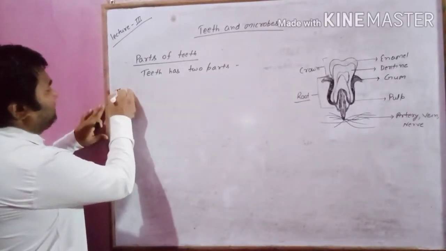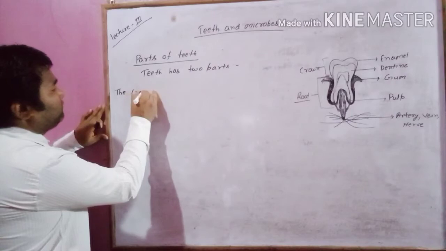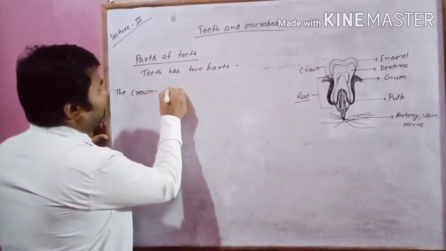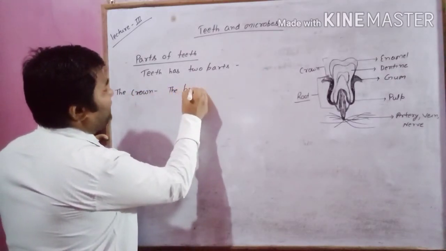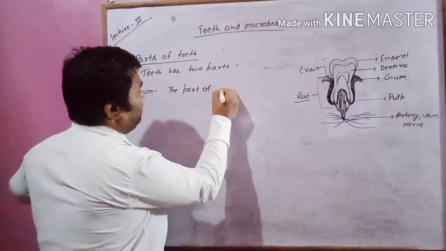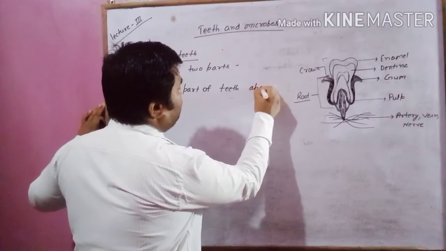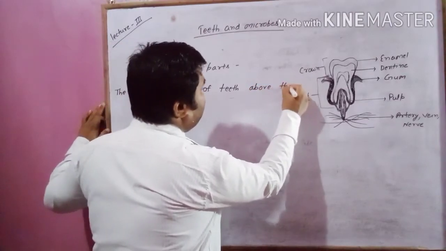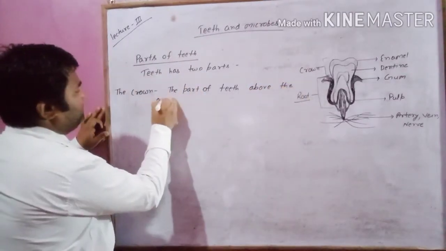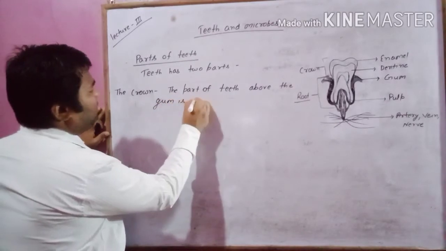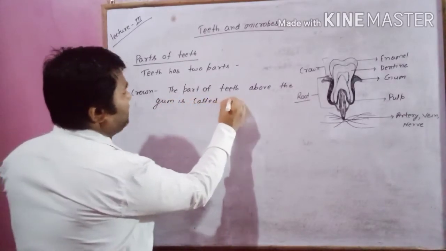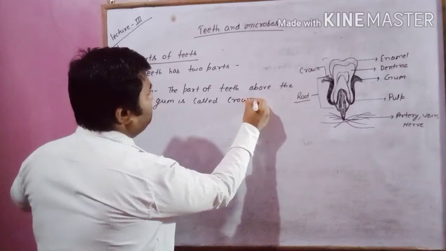First, the crown: the part of teeth above the gum is called crown.